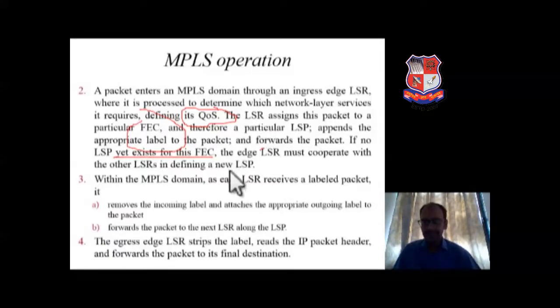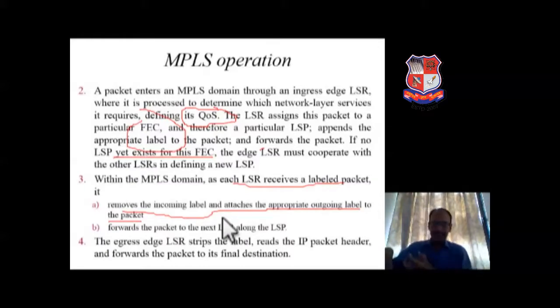Within the MPLS domain, each LSR receives a labeled packet, removes the incoming label and attaches the appropriate outgoing label to the packet. So what is the task of any LSR which is a part of the MPLS domain? We have three types of LSRs: ingress LSR, that is at the entry point, normal LSR, LSR meaning label switch router, and egress LSR.